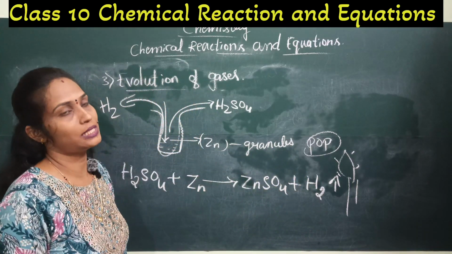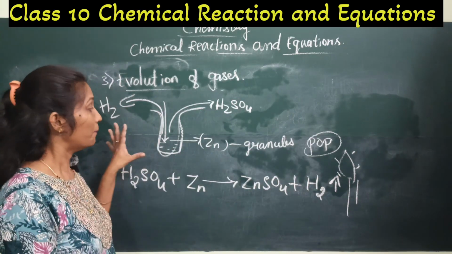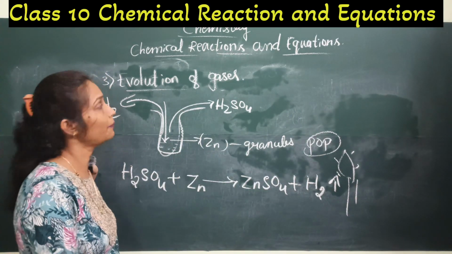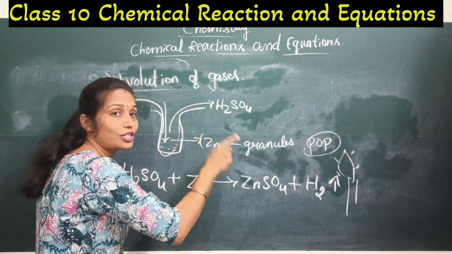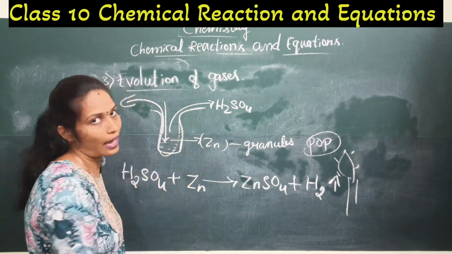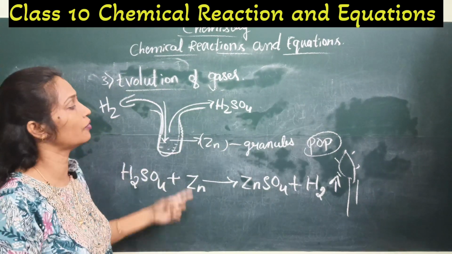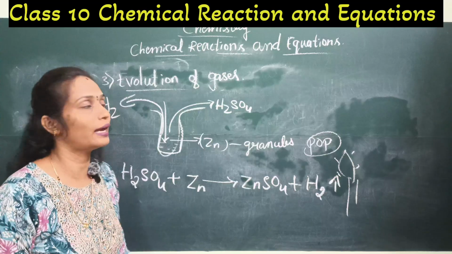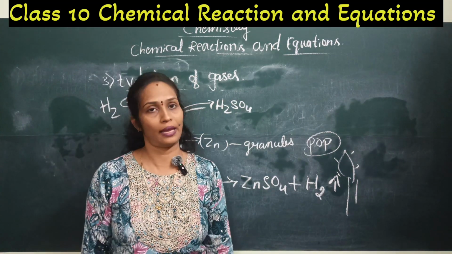Then you can easily say that hydrogen gas got released in the chemical reaction. By this experiment, you can say gases got released, and by this also you can say a chemical reaction happened. So you can observe a chemical reaction by the evolution of gases.